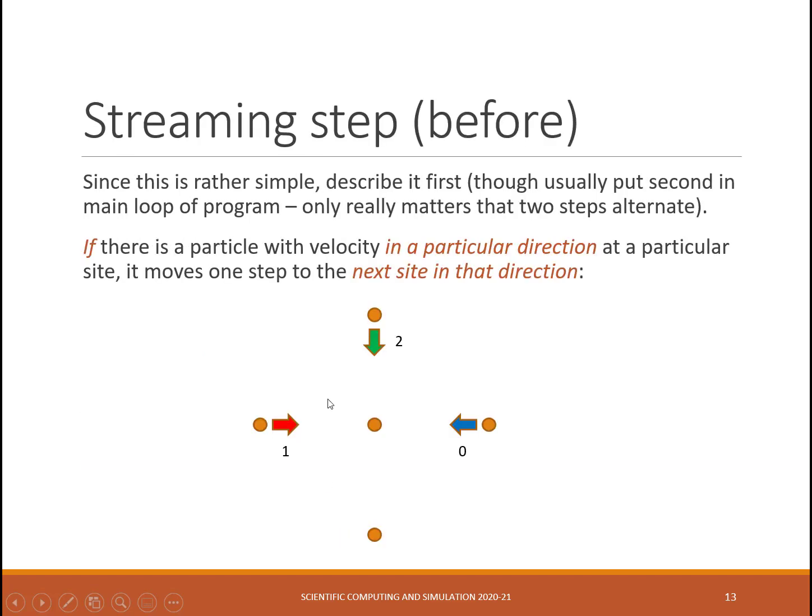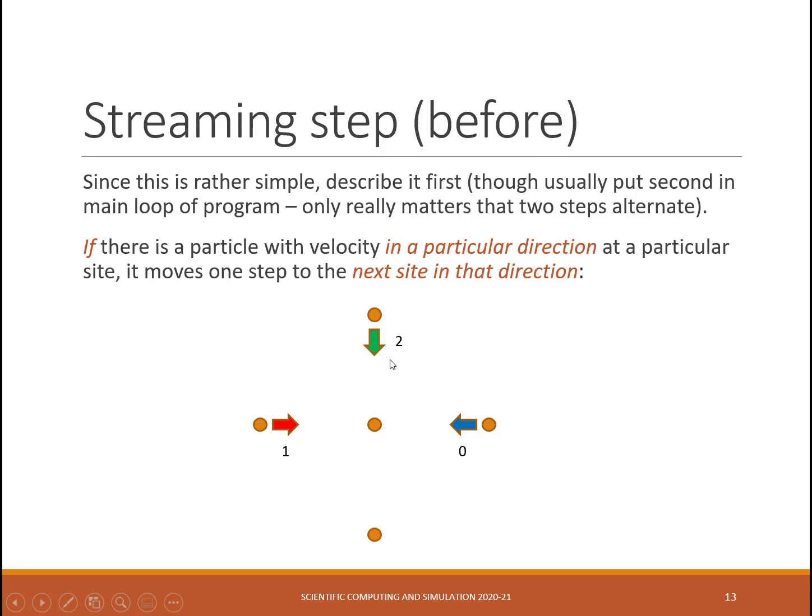Let's start with the streaming step because it's rather simple. In this step, if there is a particle in a particular direction at a particular site, it moves one step to the next site in that direction. For instance, here we have three particles, each with a particular state.